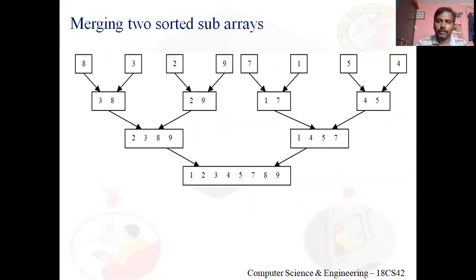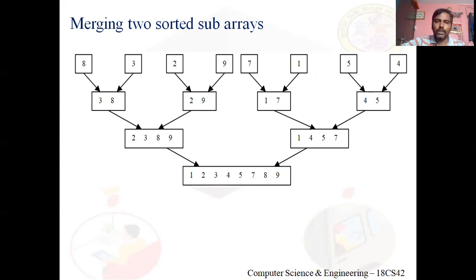When I combine, I'll get the solution array 1 4 5 7. Next, in the third level, I have two nodes, two solutions. Again, I will merge these. When I merge, I will get 1 2 3 4 5 7 8 9.